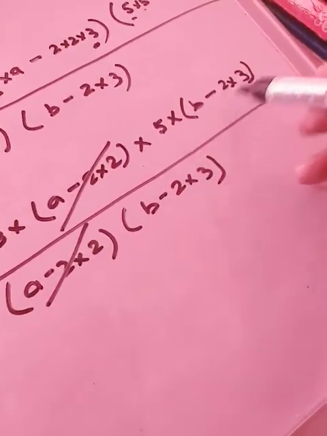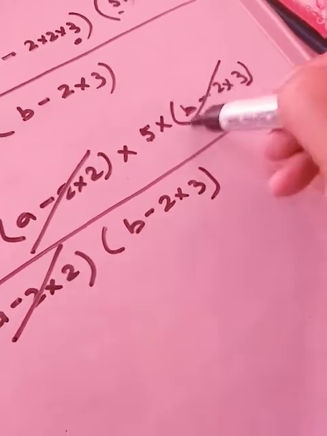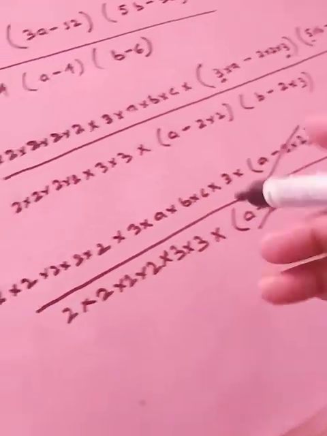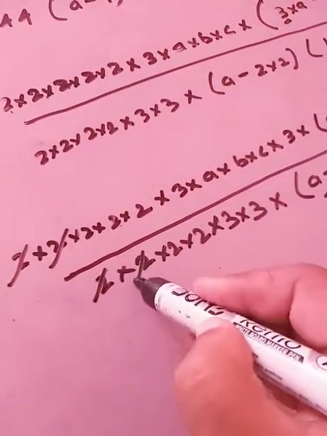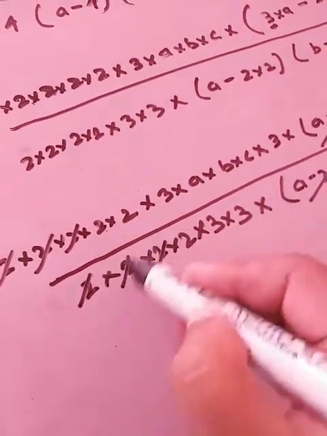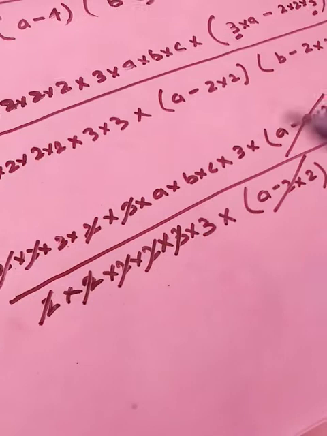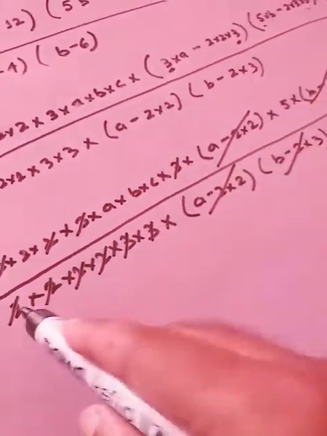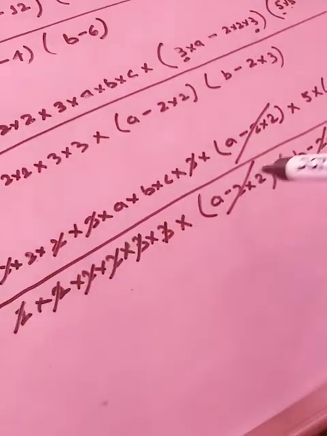Even this bracket is also matching, B minus 2 into 3, B minus 2 into 3, so cancel this. Now 2 cancel, 2 cancel, 2 cancel, 2 cancel, 3 cancelled. Anything else? Yes, 3 would be cancelled. See, there is no number left in the denominator. All have been cancelled.